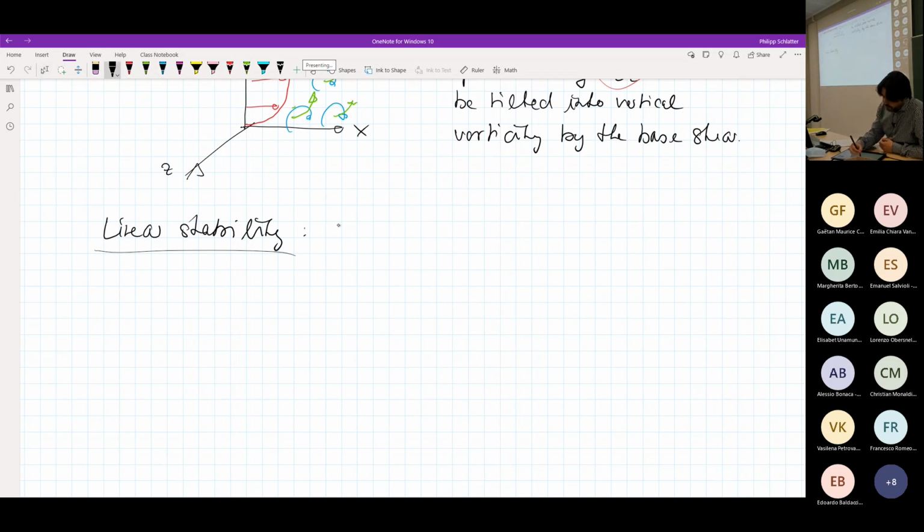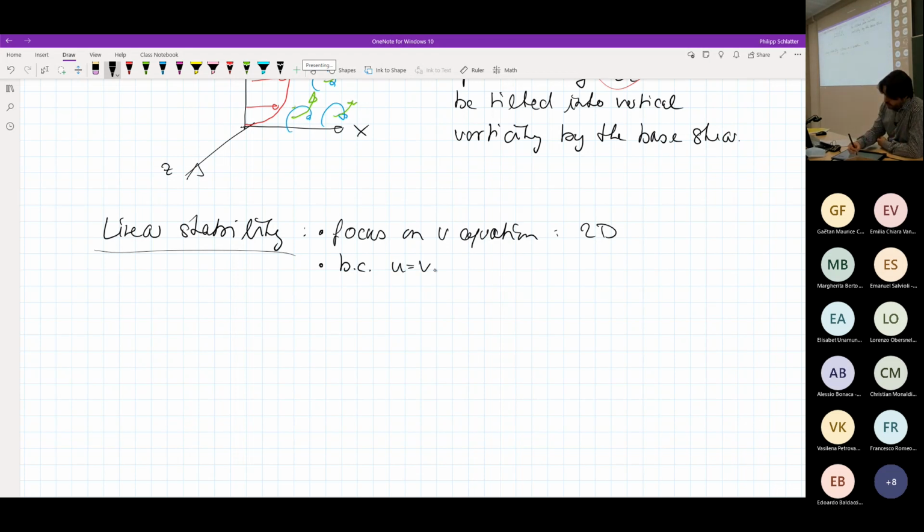In the derivation, I will focus on the V equation, but you can do exactly the same approach for the eta equation. Focusing on the V equation means that we're looking at 2D disturbances, but as I said, there's no problem in extending that to 3D.